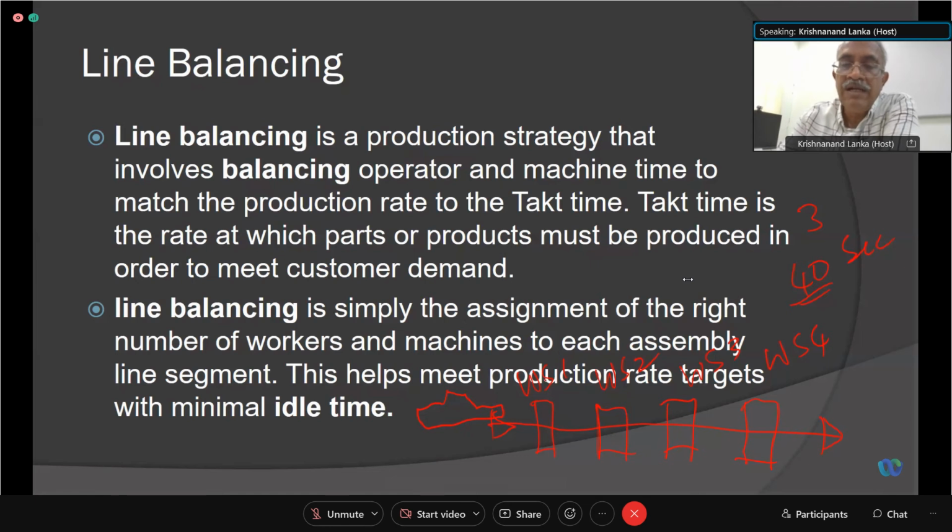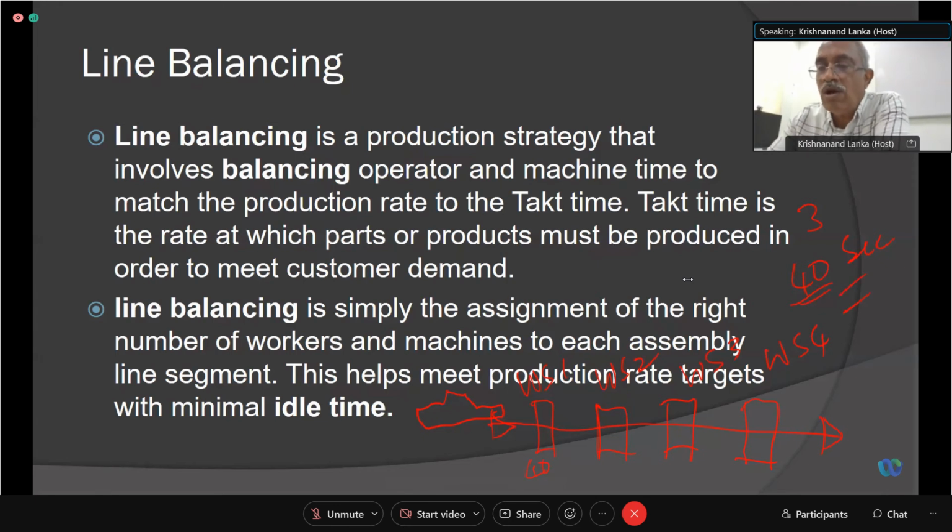Suppose one workstation takes 40 seconds to mount a tire onto the axle, then for tightening the bolts, you assign that to another workstation, because each of the workstations should not take more than 40 seconds if your time is 40 seconds.